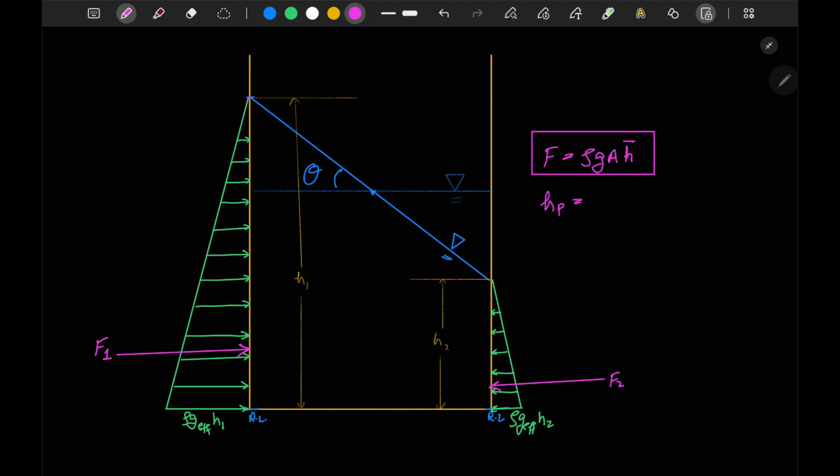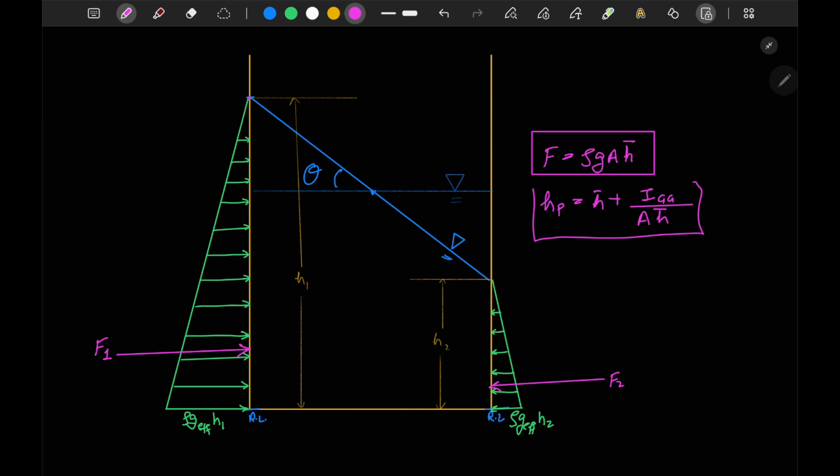And the distance from this point, hp, the height of the center of pressure, is h bar plus I about the GG, the center of gravity or central axis, divided by the area times h bar.